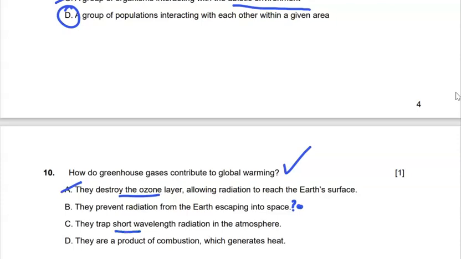They trap shortwave radiation. Well, in fact, they trap long wave. So C goes. They are a product of combustion which generates heat. So that doesn't work because some of them are not produced by combustion. So our option is B.